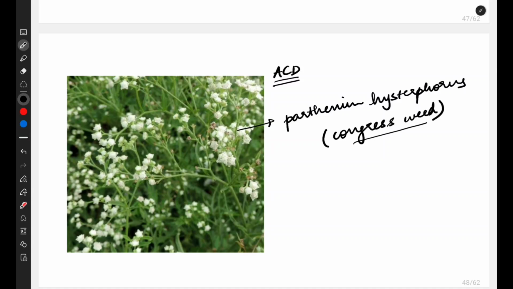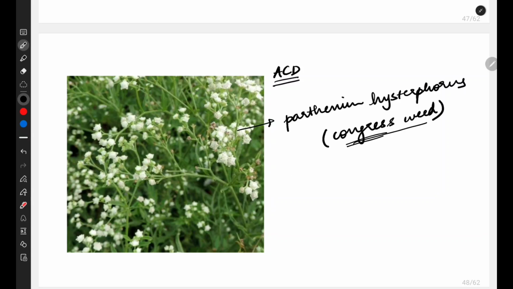Back in the day, when India was almost in a famine, they imported wheat from America, during the period of Congress. In that wheat, there was a weed, the seeds of Parthenium hysterophorus, present along with the wheat. When that came into India, it got planted into the soil and grew along with the wheat.